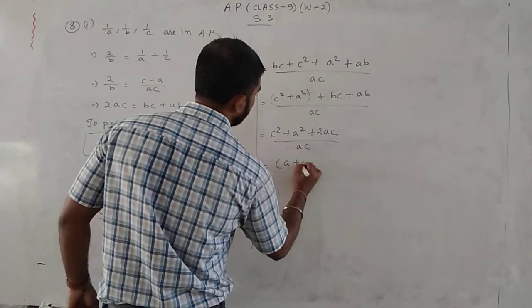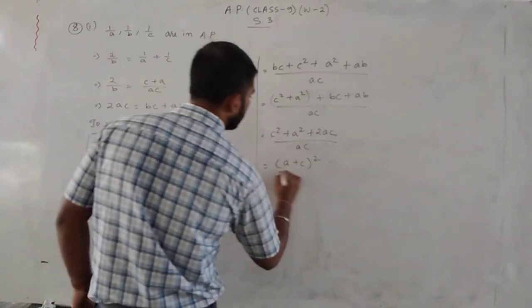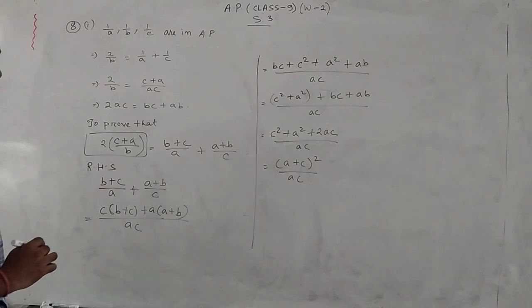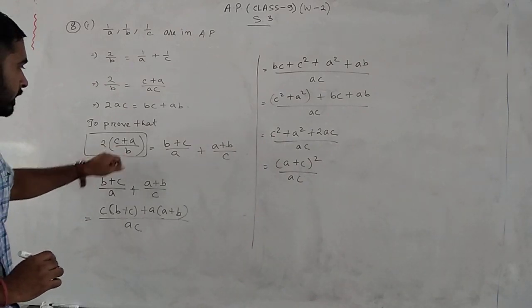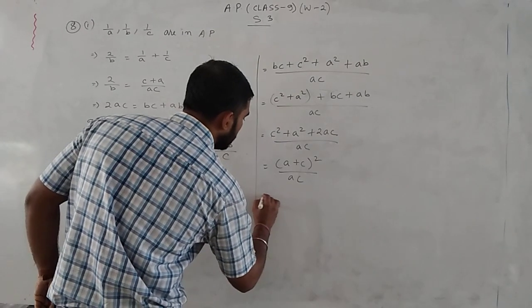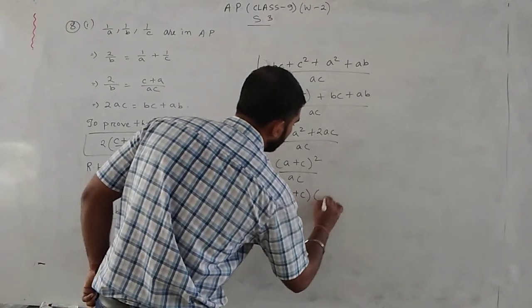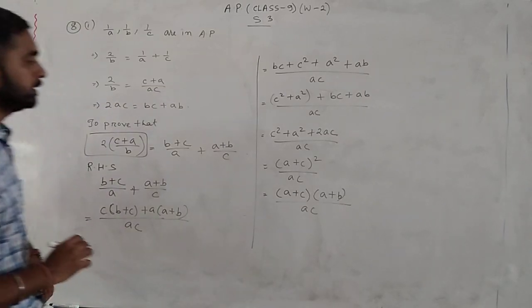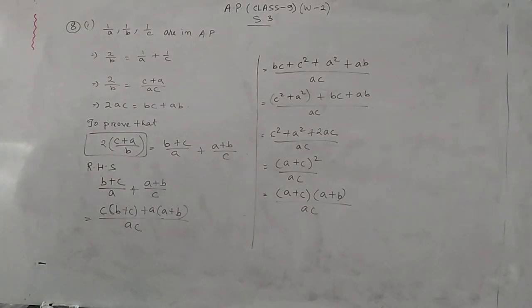This equal to A plus C whole square by AC. Okay, now see here, we have to prove C plus A by C. Now A plus C whole square means A plus C into A plus C by AC.